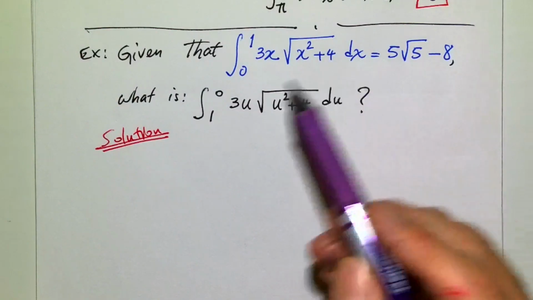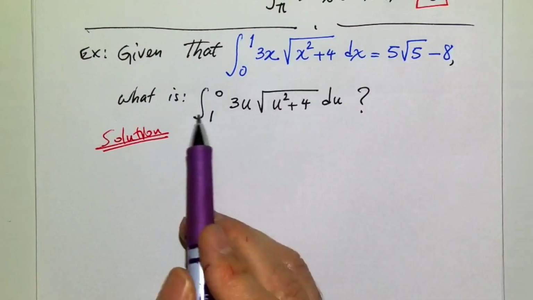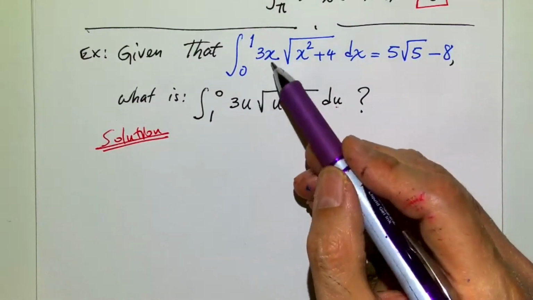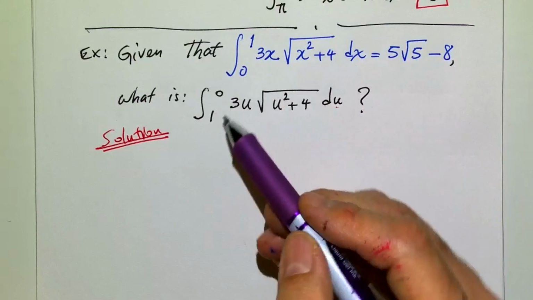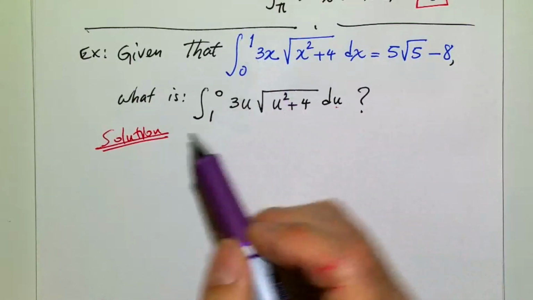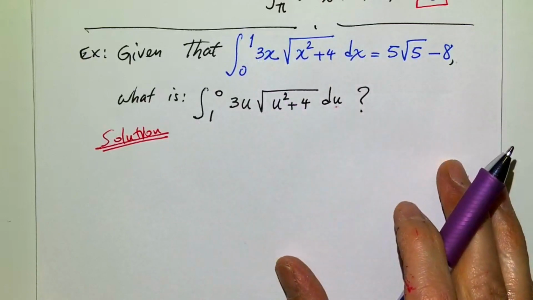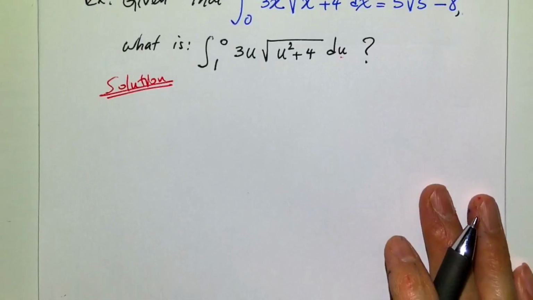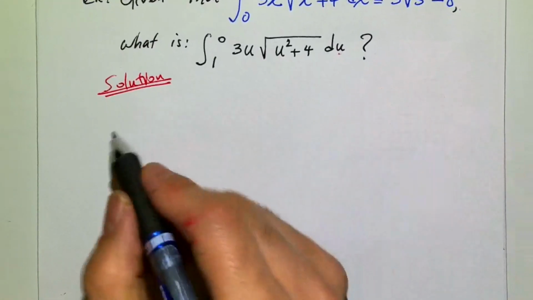So that's what we can do. We can replace u with x, and we can swap the limits of the integration from this to that by putting a minus in front. So we can really say this. First let's take it step by step.